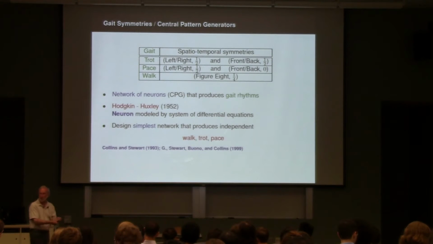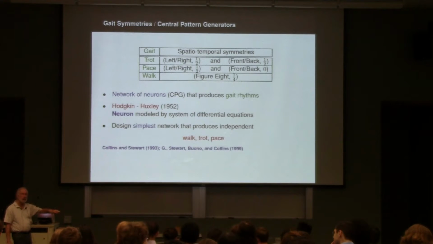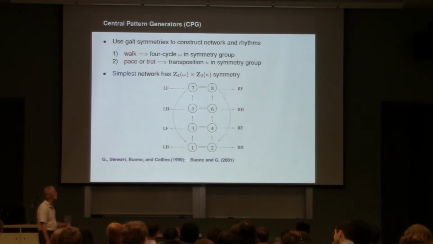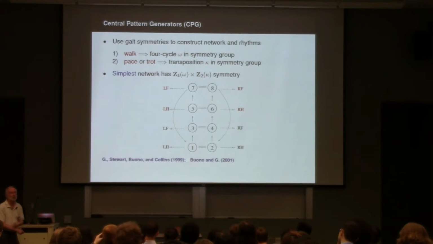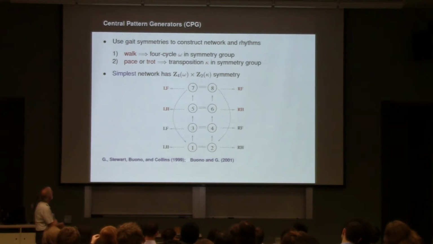So it was a modest attempt to understand, given that we know that quadrupeds do these gaits, what this is going to tell us about the architecture of the central pattern generator. Now, it's a long story. I'm not going to go into that part of the story in the lecture today.